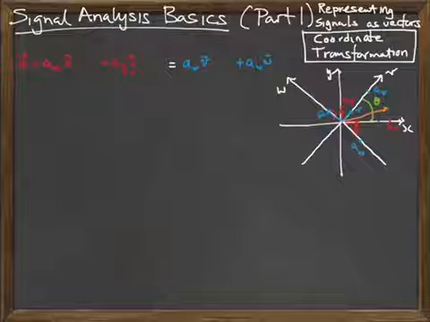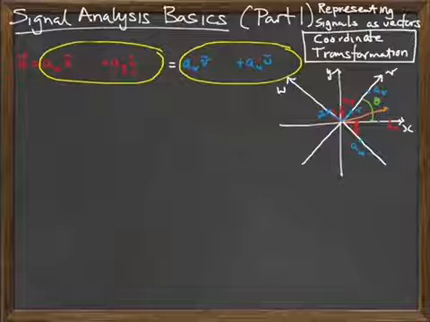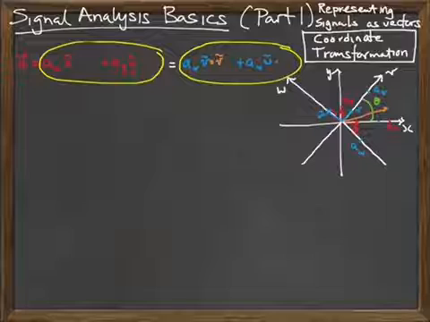We make these two vectors equal to one another, because that was the stipulation that we said at the beginning. And then we dot both sides with the v unit vector.